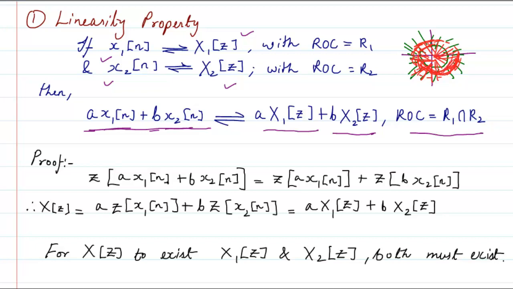Outside that, it will not overlap. So that overlapping is basically the intersection between the two regions. So this is what the linearity property says.